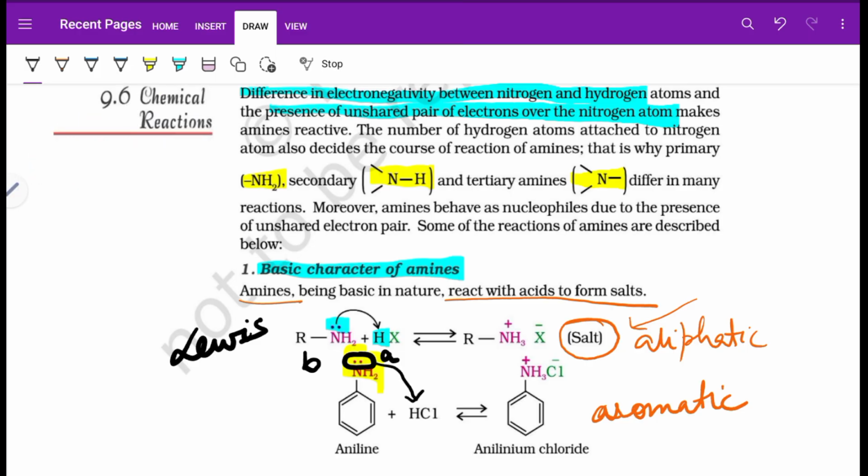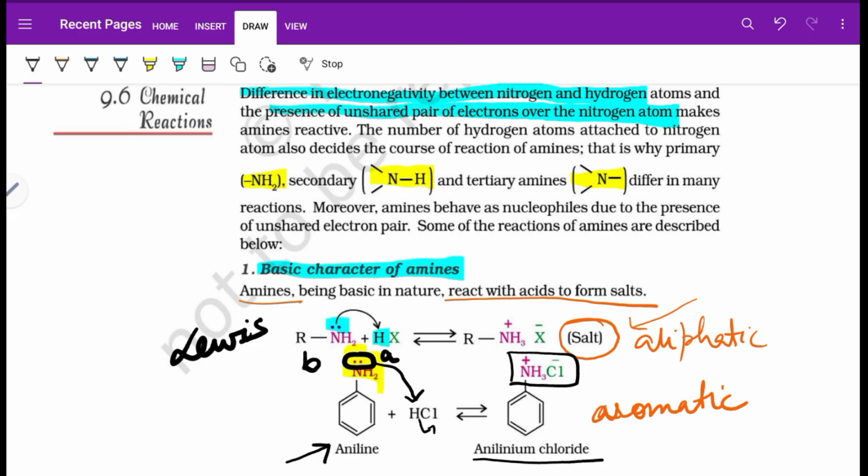So it is like this, and there is a Cl minus coming out, and so this is NH3 plus and Cl minus. It is known as anilinium ion or anilinium chloride because of the counter ion Cl minus. Now aniline is acting as a base here because it is capable of abstracting proton.